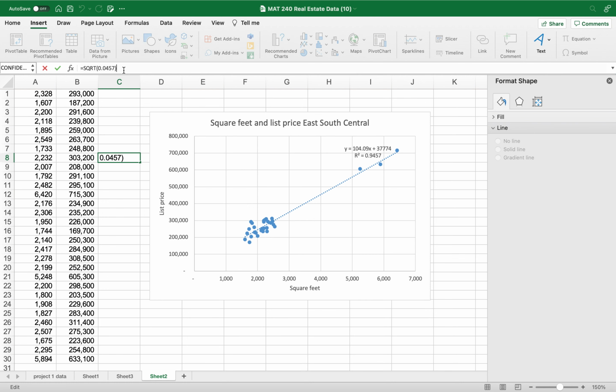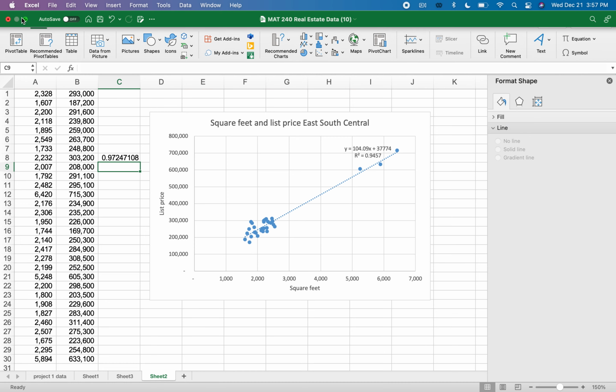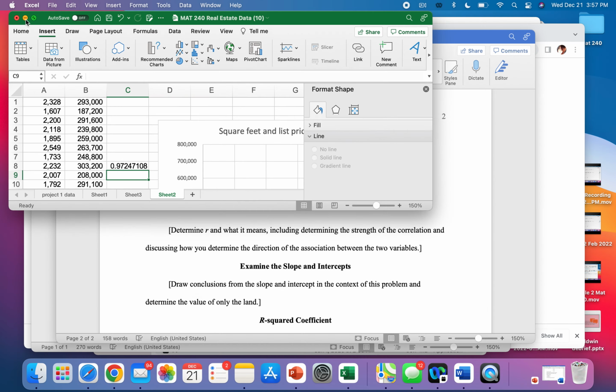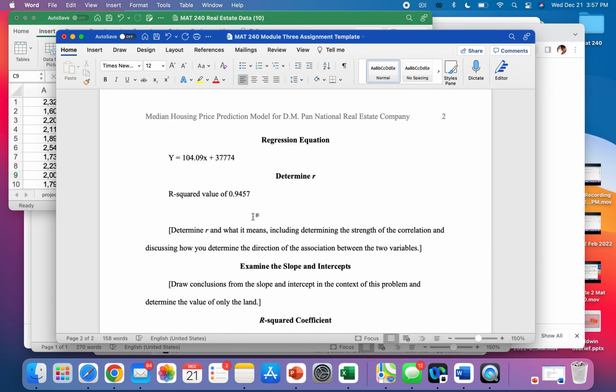I didn't type that right, I was wondering why that didn't look right. 0.9457. So that tells me what R is, 0.972. That's enough decimals. Do at least 2 decimals. So R equals 0.972.